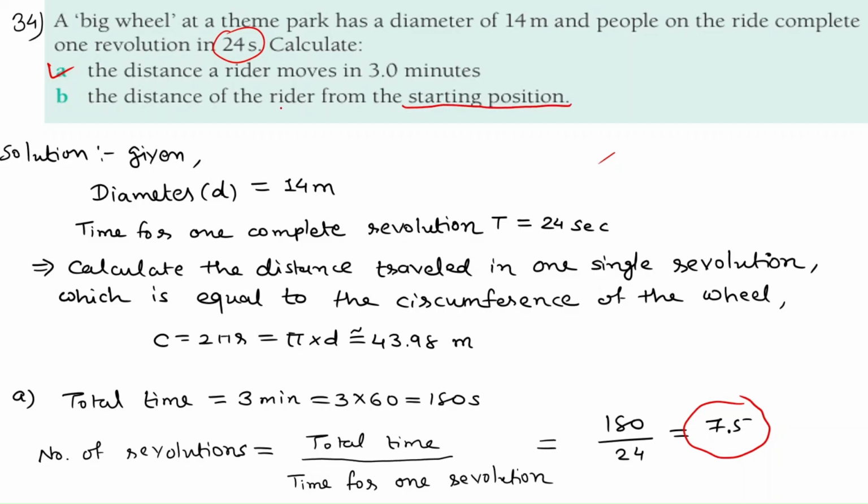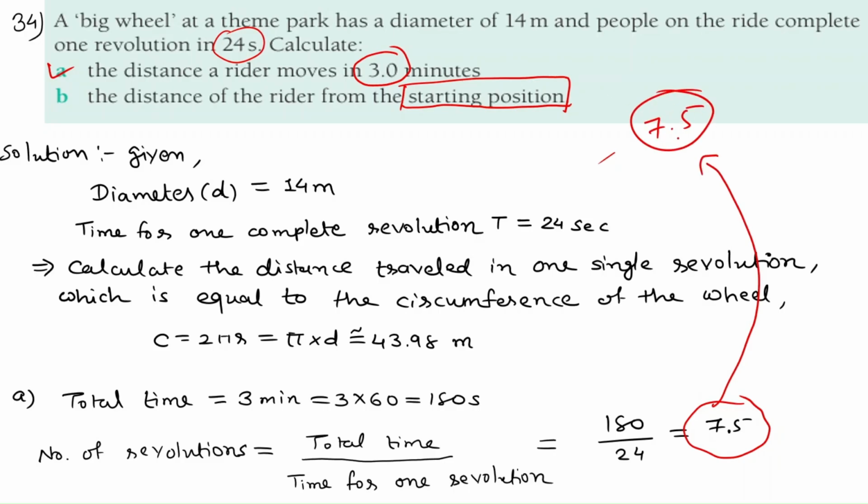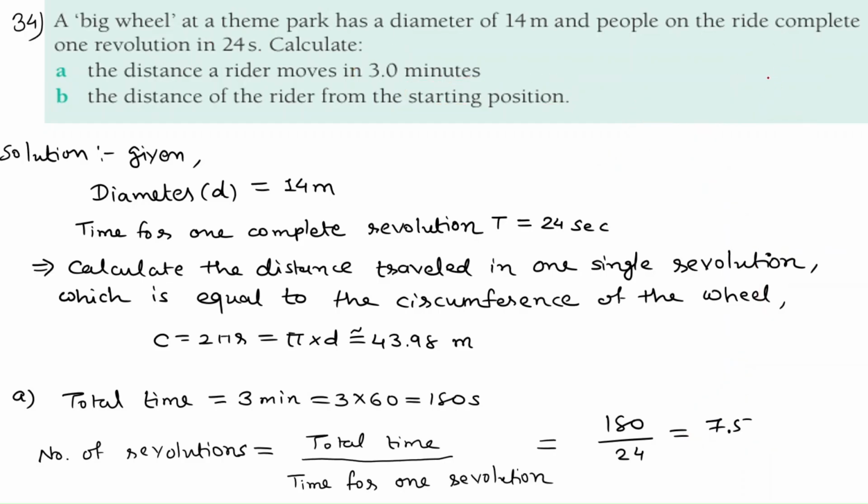Now in B, the distance of the rider from the starting position. In B, they exactly mention from the starting position. Now the distance of the rider in 3 minutes. We already found how many revolutions it takes in 3 minutes. It is 7.5. 7.5 means this is a big wheel and this is the center.